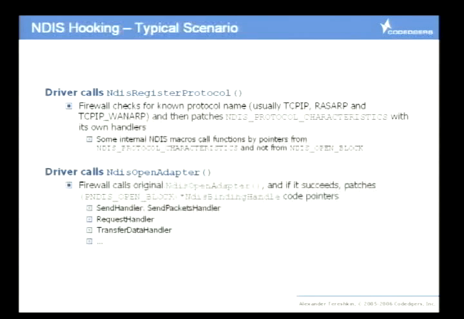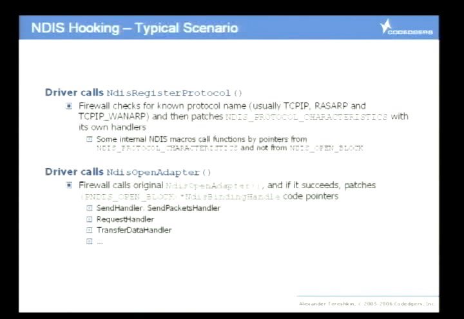Then, when a driver will call NdisOpenAdapter to bind its protocol to the specific miniport, a firewall should catch it, and it will patch the NDIS open block structure, which is returned by NdisOpenAdapter in the NdisBindingHandle argument pointer.